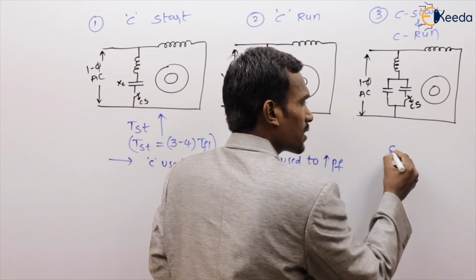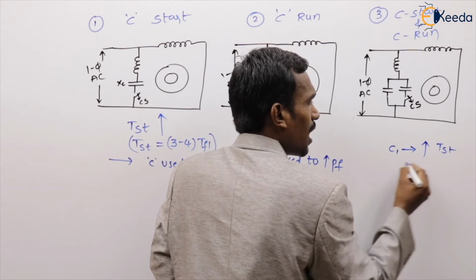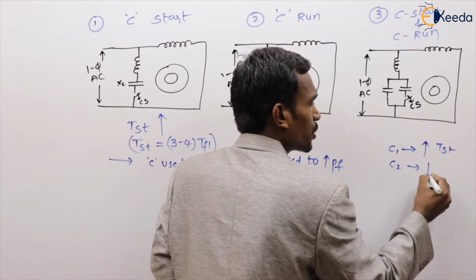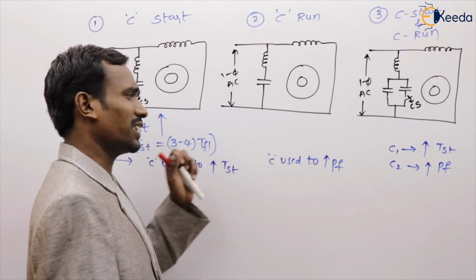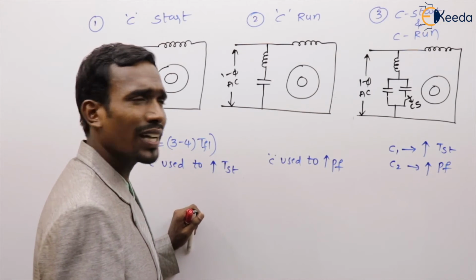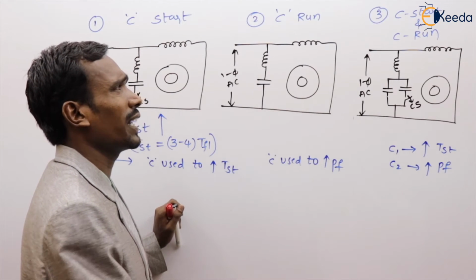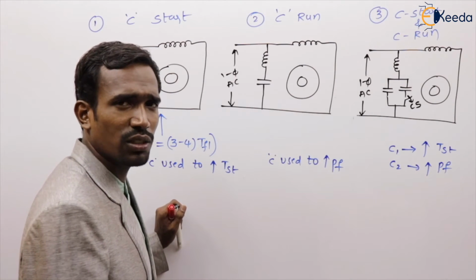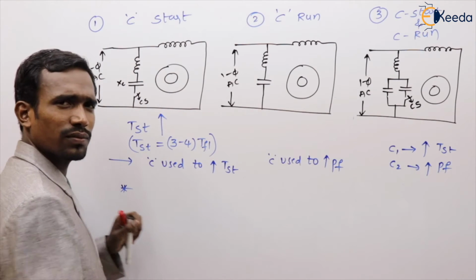Here one capacitor is used to increase the starting torque and another one is used to increase the power factor. Like this, we are generally using capacitor start, capacitor run and capacitor start and capacitor run induction motors.